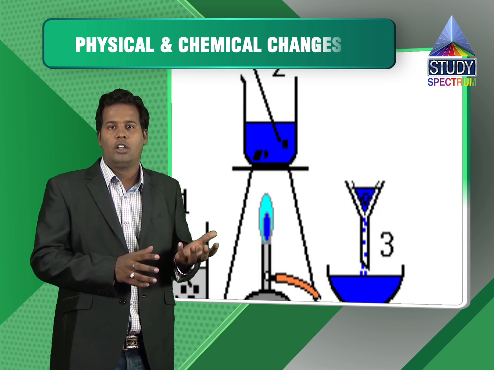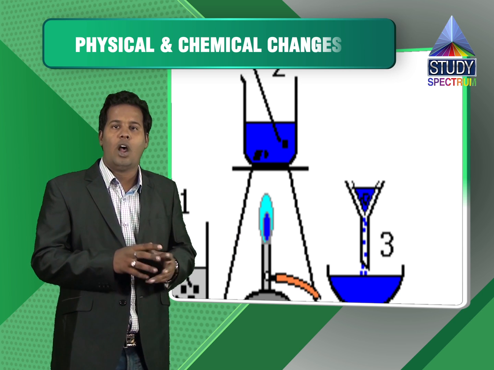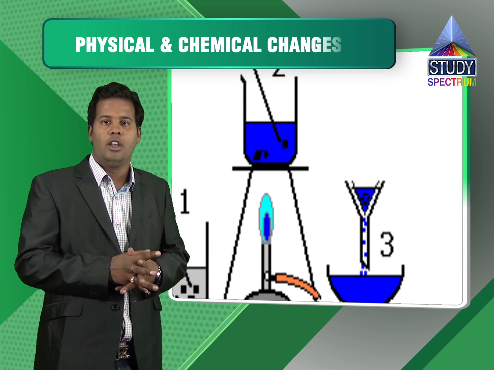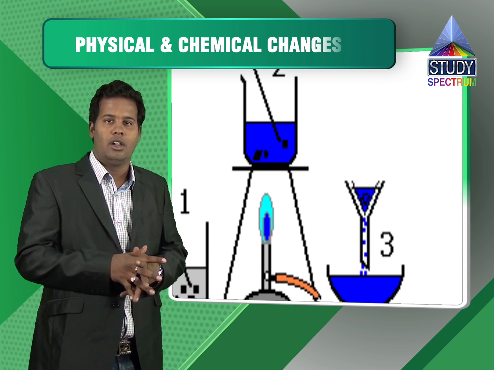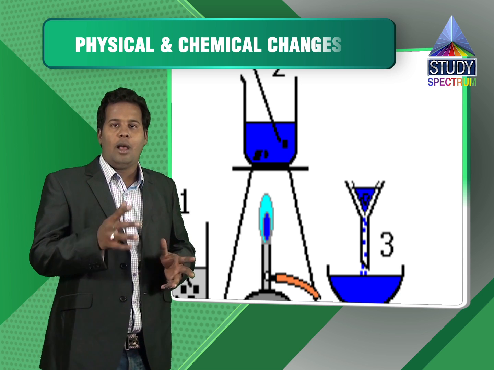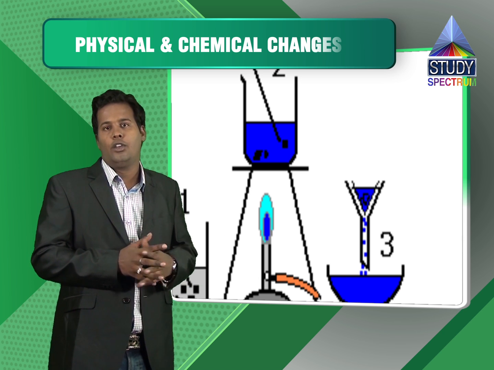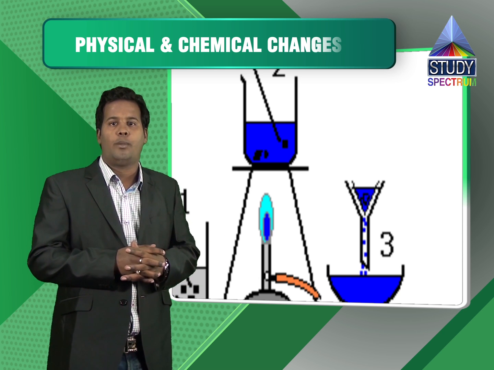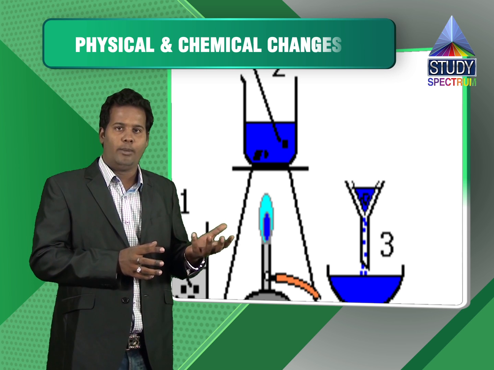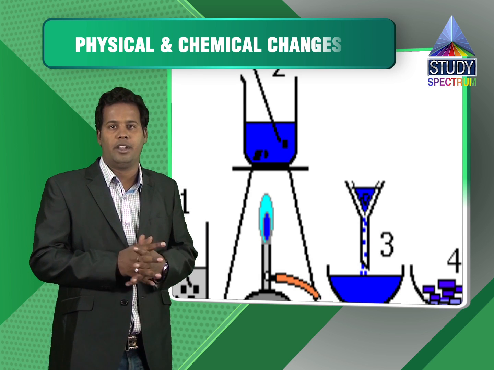Once the solution starts to boil, you add the powder of copper sulfate into it with continuous stirring. Now, what will happen when the water starts to boil along with dilute sulfuric acid and powder of copper sulfate? You will see at the bottom some crystals will start appearing.